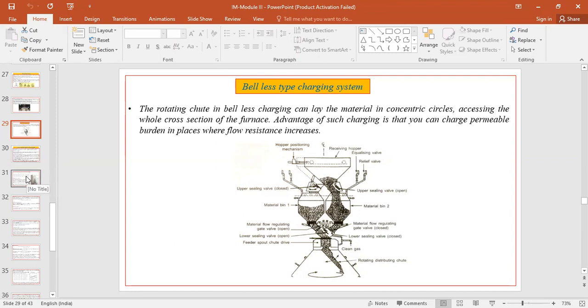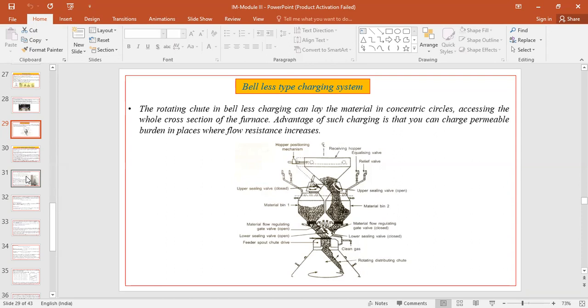So once you charge the raw material inside the blast furnace, as we already discussed the blowing-in process, how to start the blast furnace. Okay, we have discussed how to prepare the raw material and what testing we have to do for the raw material before we charge it into the blast furnace. So once the raw material is prepared, and we also discussed how to start the blast furnace.